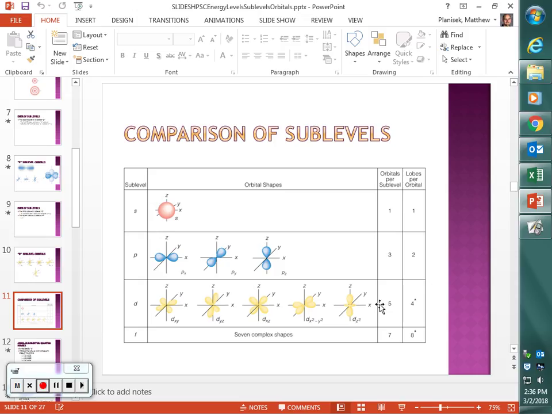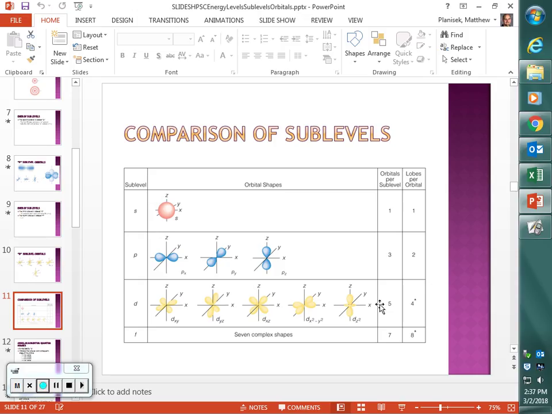The next one that we added on were the double teardrops, or the figure 8s. Those we refer to as p orbitals. The figure 8s, regardless of whether it's a figure 8 on the x-axis or the y-axis or the z-axis, all of those are p orbitals.